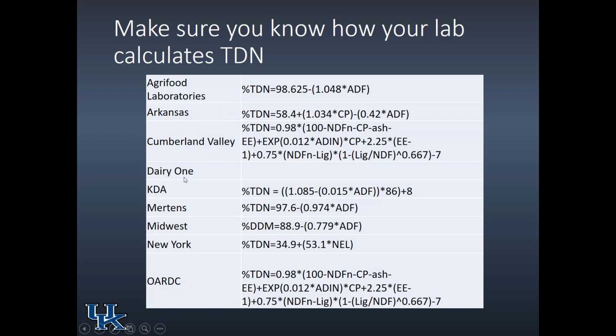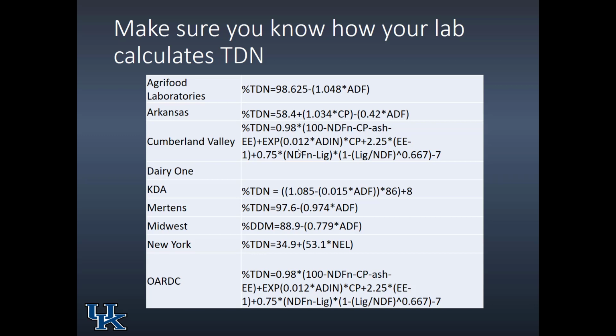Cumberland Valley, and this is the Ohio State laboratory, I think it's the Animal Research at Ohio State, uses what we call a summative equation, and it's quite complex. Now, I don't for a minute expect you to memorize any of these equations. All I want you to realize is that it is very complex how TDN is calculated.